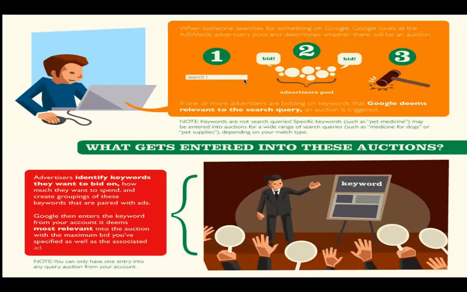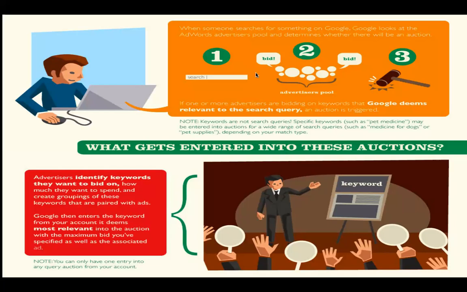Actually, in Uganda, where technology has not grown at a faster rate, you find there is no competition. You can make an ad and be number one. No one can beat you to take your position. But in other countries where technology has grown at a faster rate, people are bidding for position to be on the first page.